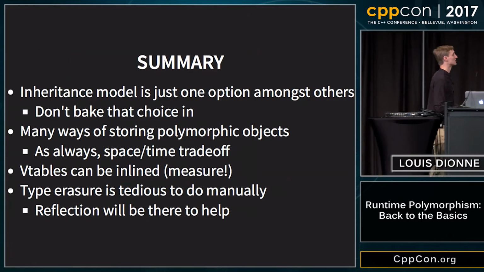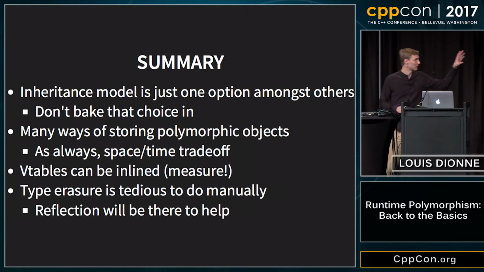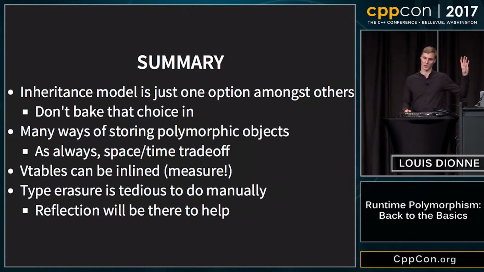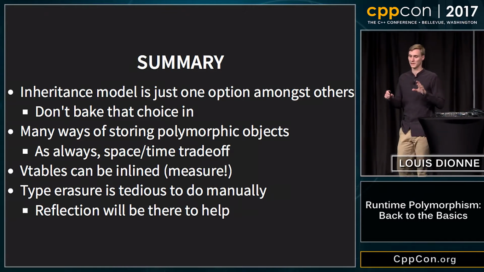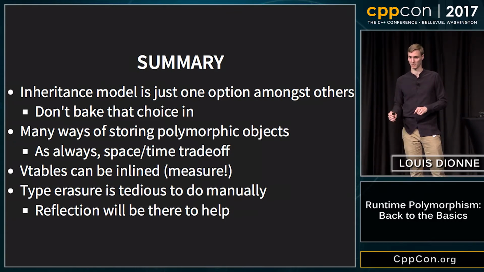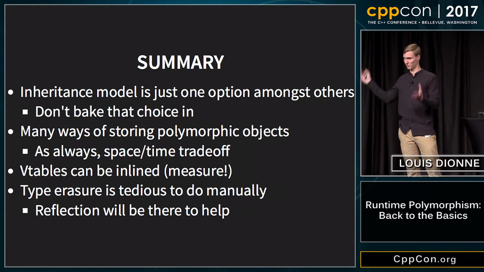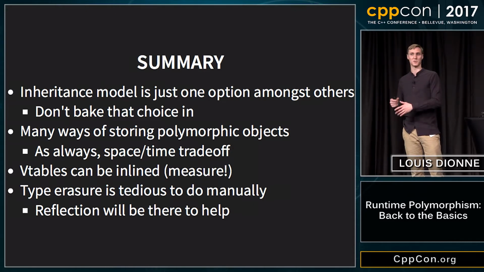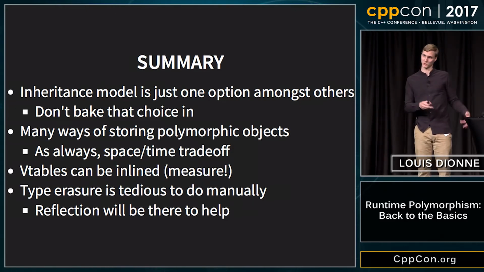And so a summary for this talk, if there's a few things I would like you guys to remember, is that inheritance is just one way of implementing runtime polymorphism. We've talked about a bunch of them, and some of them may be better for some cases, worse for other cases.